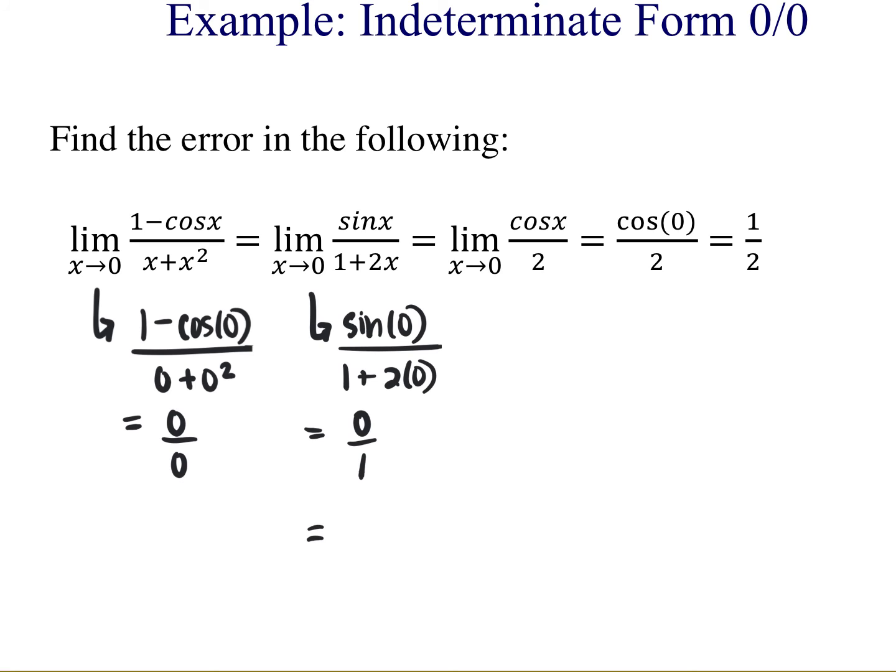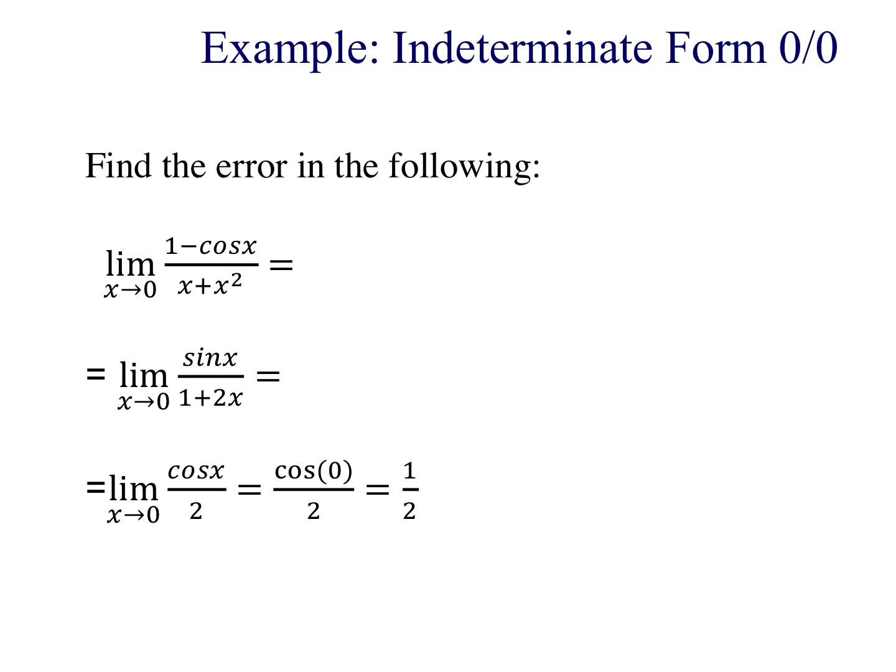This is 0 divided by anything, as long as it's not 0. And so the problem should have stopped there. But this person was really excited to keep going and keep going, and eventually ended up with a false answer, even though their work kind of looks good. But they're failing to check and show that indeterminate form was actually required each time.